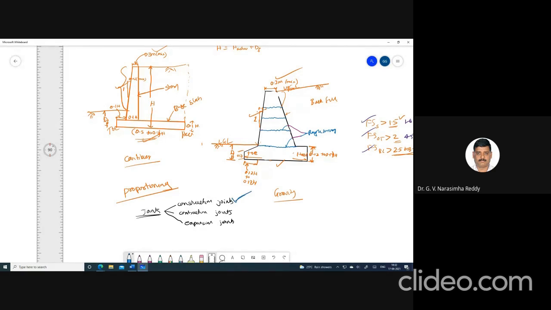These two types we call construction joints. And we will also provide a contraction joint.